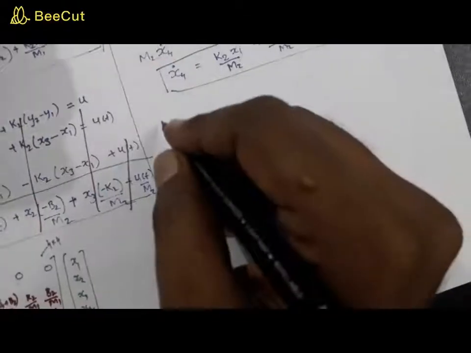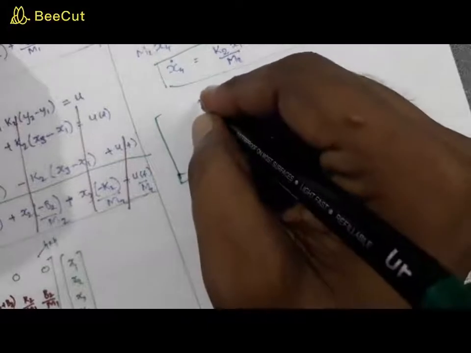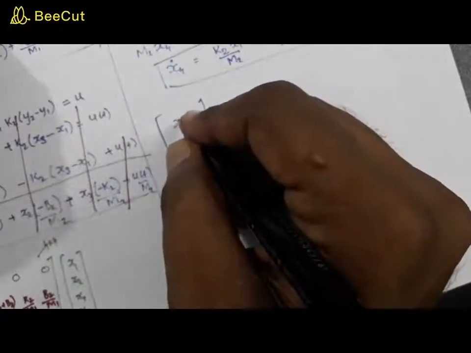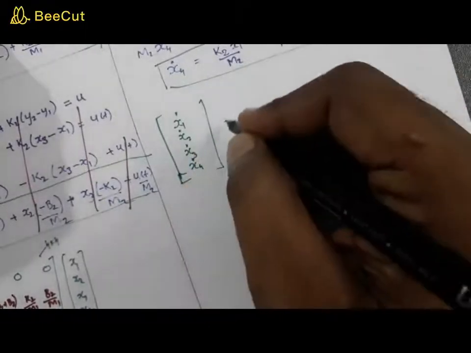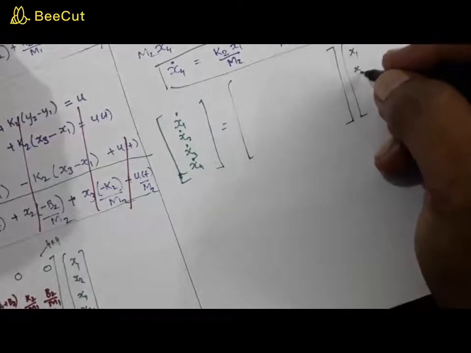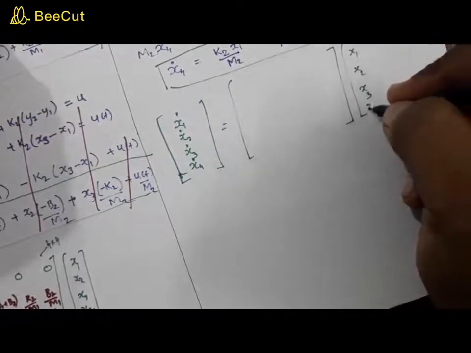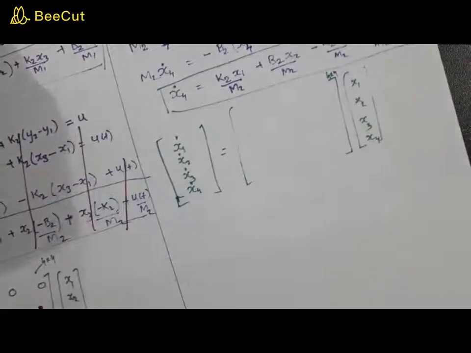Now you can have the matrix equation: x1 dot, x2 dot, x3 dot, and x4 dot, which is equal to a very big matrix into x1, x2, x3, x4. And what must be the size of this big matrix? Since there are 4 variables, this must be a 4 into 4 matrix, right?